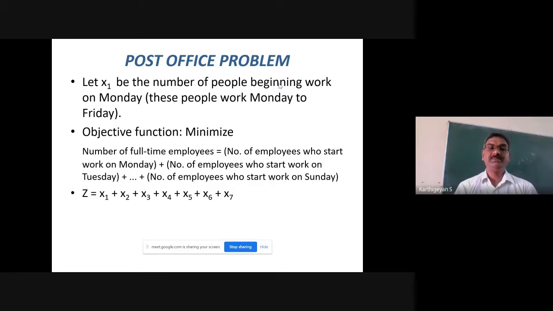Each one is represented by X1, X2, X3 and so on up to X7. Okay, so you have to add all these numbers of persons. Obviously it should be greater than or equal to 0, so it may be 0 or more than 0. So non-negativity conditions have to be imposed.